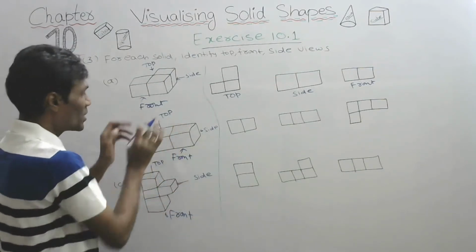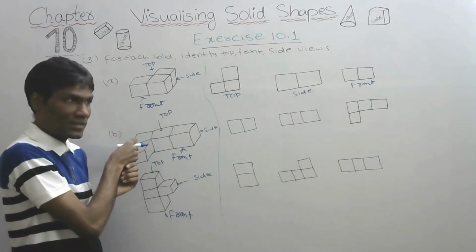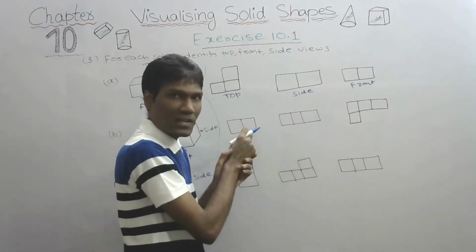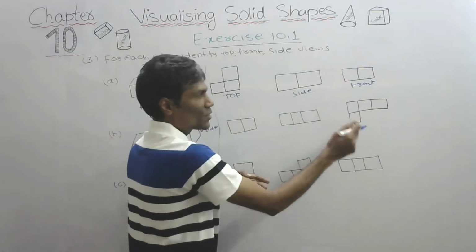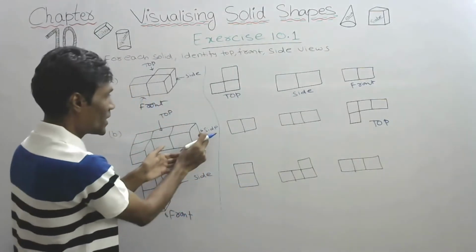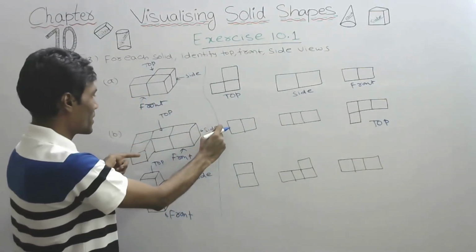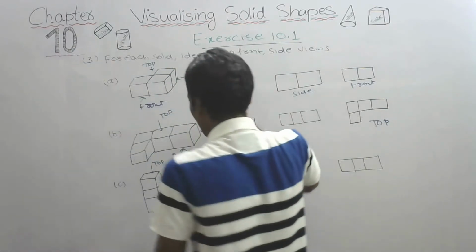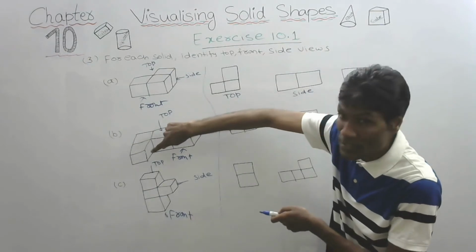Now, coming to this one. Top view. 3 like this, 1 like this. Which is matching like this? Here it is. So this is top view. Then side view. When we see from this point, this is visible and also this one is visible.